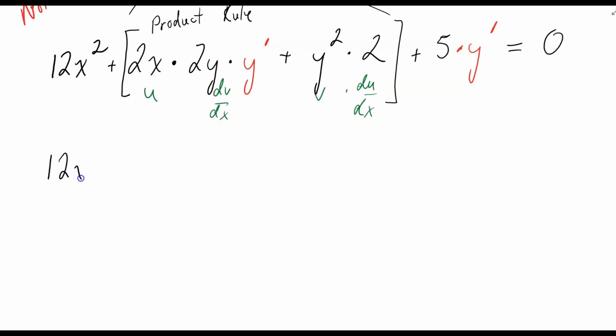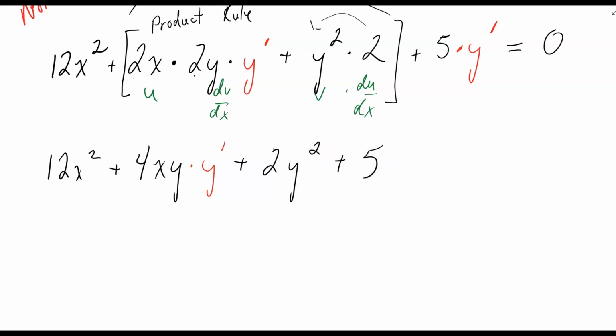So we have 12x squared plus, okay, multiply 2 times 2, which is 4xy. I'll still do my y primes in red. Plus, and normally, we'll just bring this 2 in front, so that's a 2y squared plus 5y prime equals 0. All right.